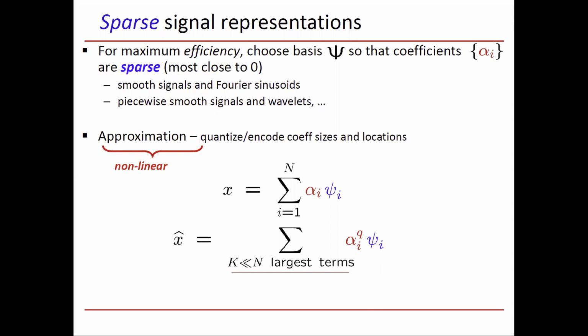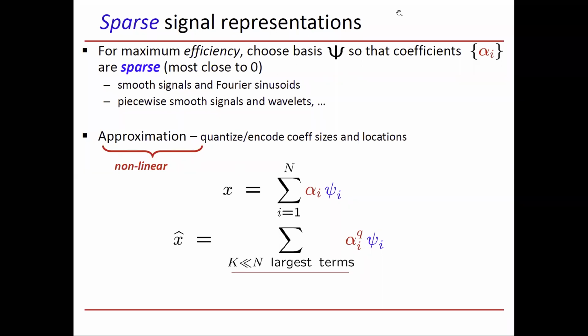So we have n basis elements in total, and we're going to quantize or encode the coefficient sizes, and moreover, we're going to only keep the k largest terms and throw away the rest. So not only do we need to spend bits encoding the quantized coefficients, the k largest ones, we also need to spend bits on encoding where those k are actually located.